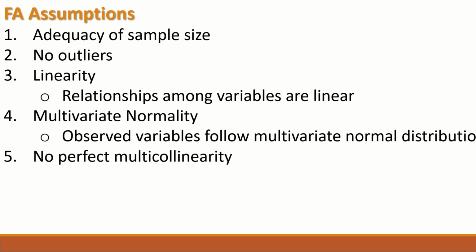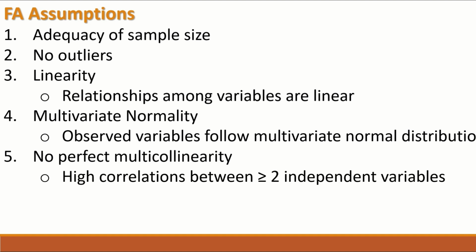The fifth assumption is that there is no perfect multicollinearity, which means that items are not associated or linked to each other with a high value. So there should be no high correlation between two or more independent variables, otherwise this could indicate multicollinearity.